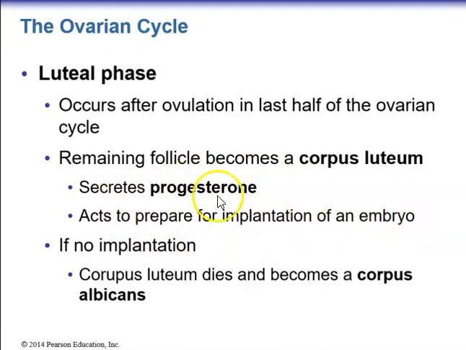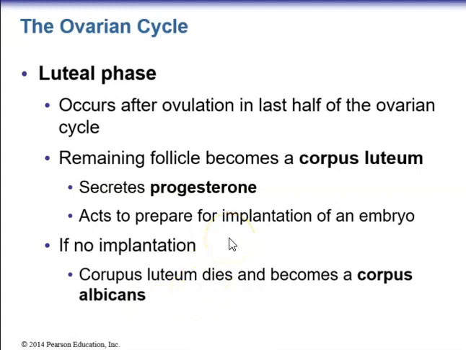So progesterone is the hormone that is secreted in case the egg has become fertilized, and will basically tell the body the body is pregnant. However, if there is no fertilization and no implantation, the corpus luteum will die and become an atretic corpus albicans. So basically it will become absorbed.